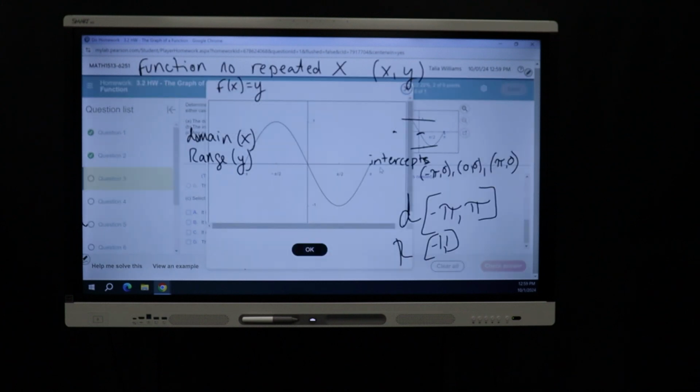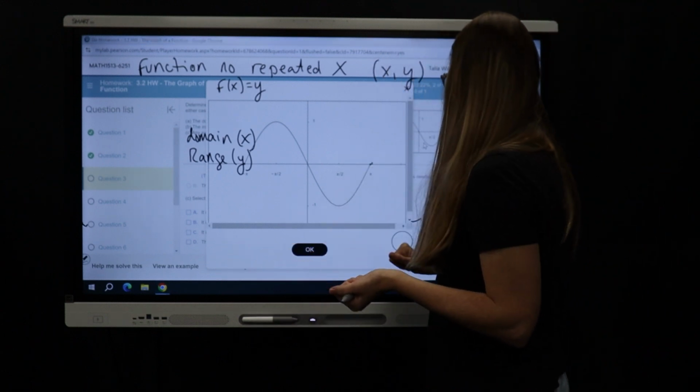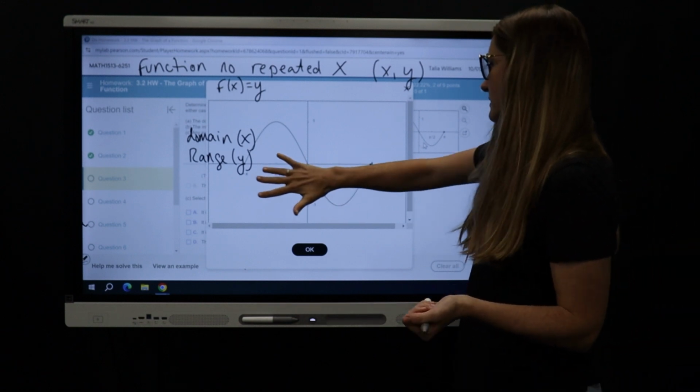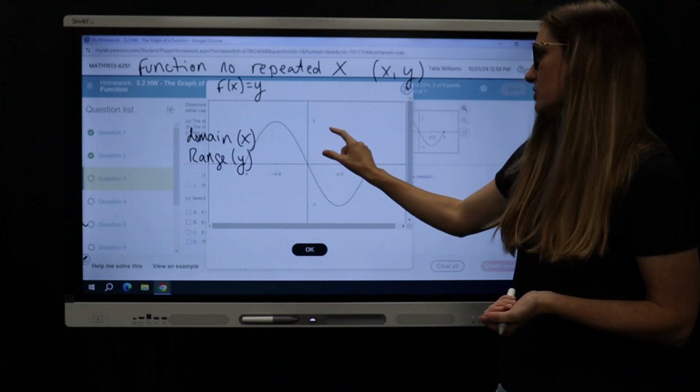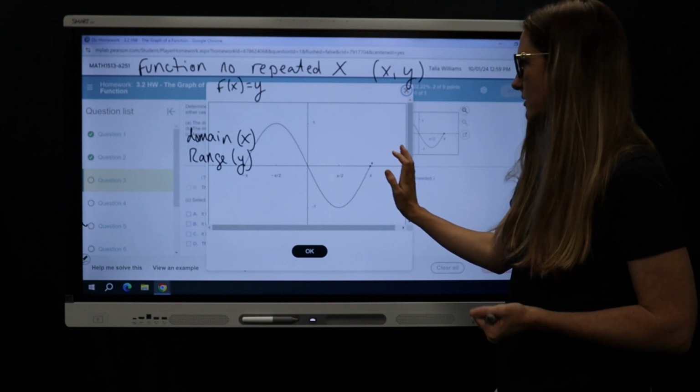Symmetry. So looking at symmetry on this graph, if I was to fold this across the x-axis, if I was to take this whole half down here and flip it up, it's not gonna line up with each other because there's nothing here, so it is not symmetric with the x-axis.